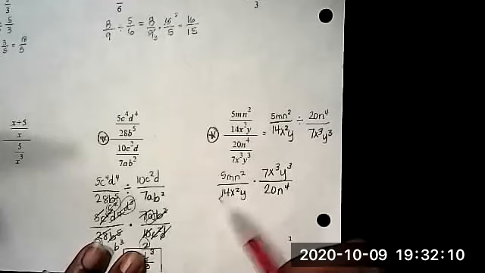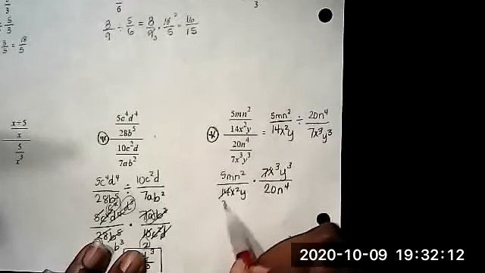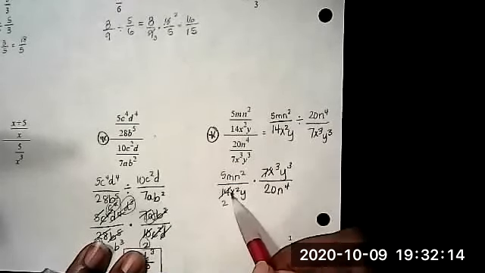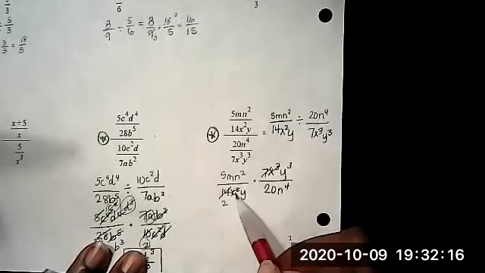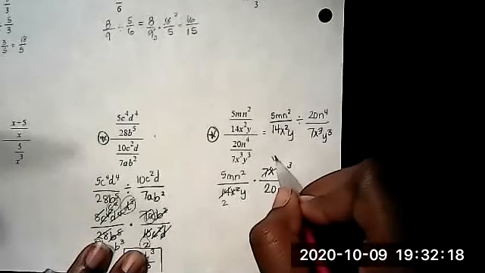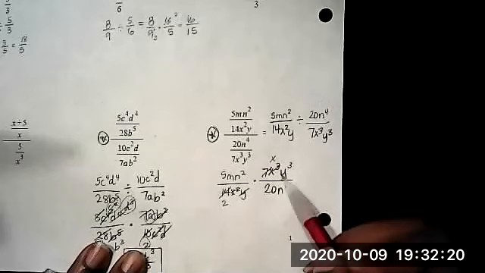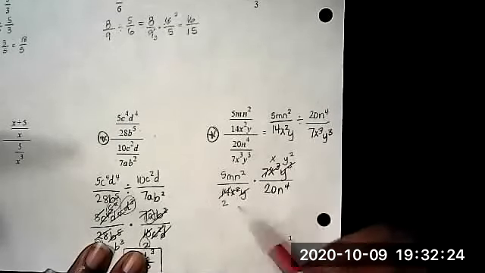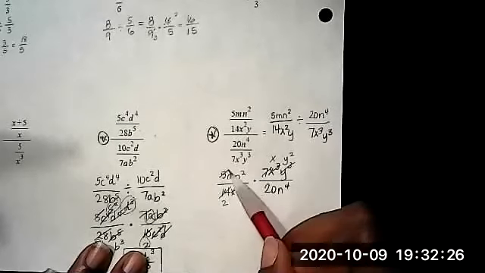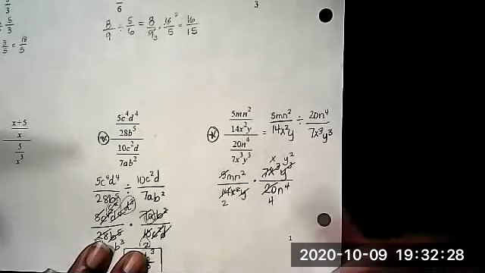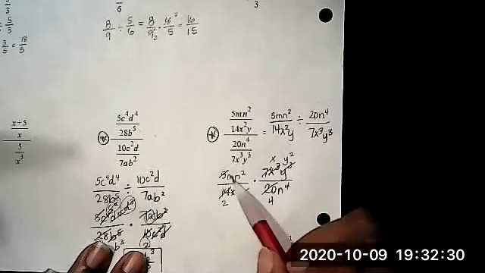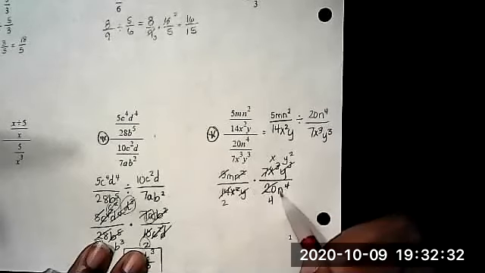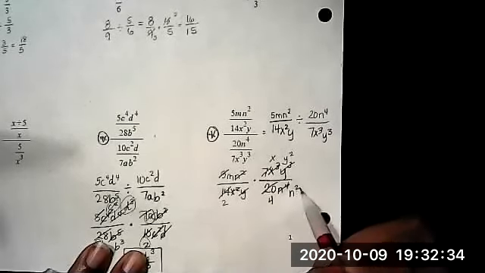I would cross simplify. 14 and 7, this becomes 2. X squared, x cubed, only 1 x is left over when I subtract those. Y squared is left over there because there's 3 here and only 1 there. 5 and 20 becomes 4. There are no m's there, but they have an n squared, so this becomes n squared because we're subtracting the 2 there.